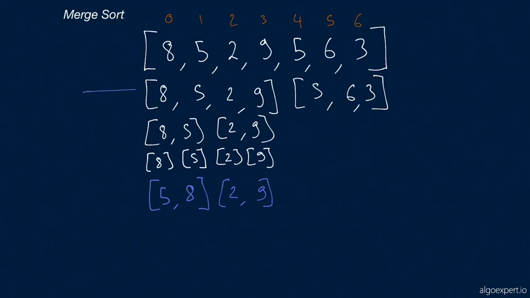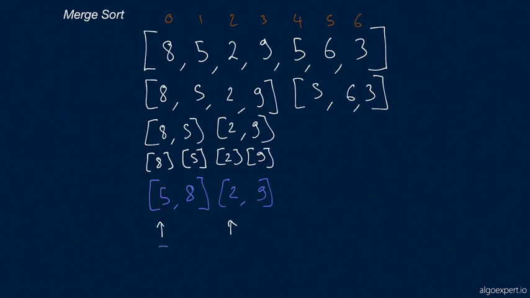We can combine them into a sorted subarray of length 4 by just comparing the first number in each of them, right? So if we keep pointers pointing to their numbers, and we start at the first number, we can say, oh, okay, this pointer here pointing to the number 2 is smaller than this number 5.